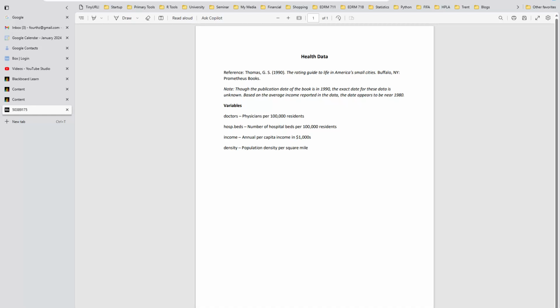We have hospital beds, which is the number of hospital beds per 100,000 residents. We have income, the annual per capita income in thousands of dollars, and you'll be able to see when we look at income that this was from quite some time ago. And we have density, that is the population density per square mile. I also have here a reference to the book if you want more information.